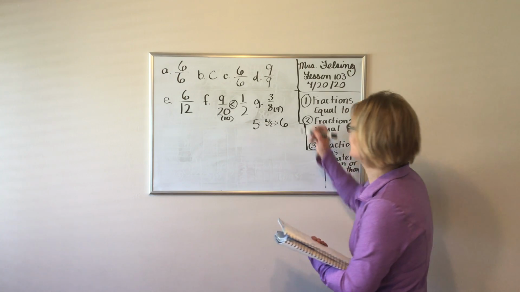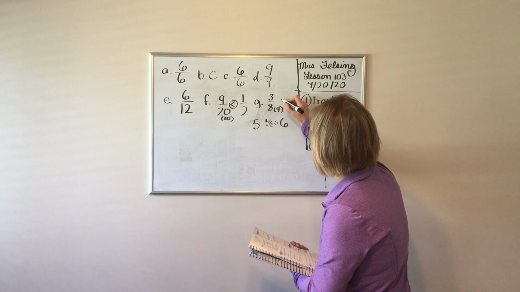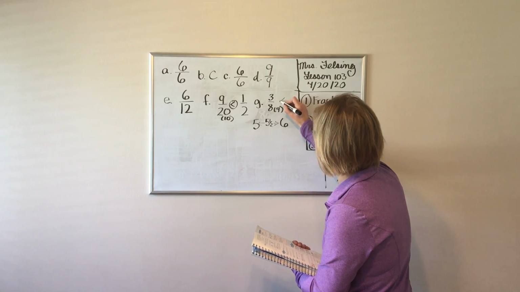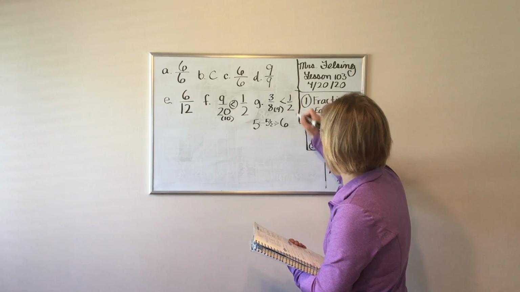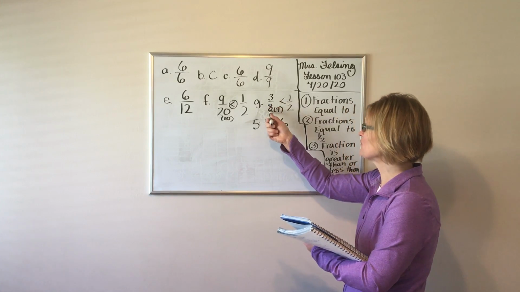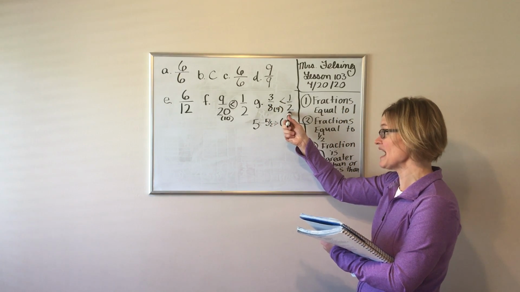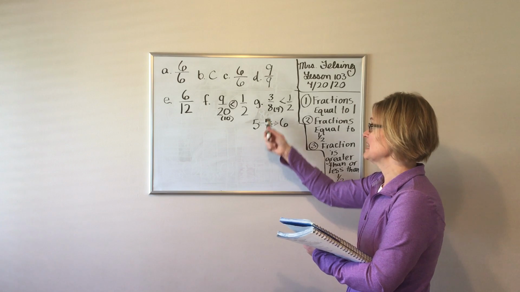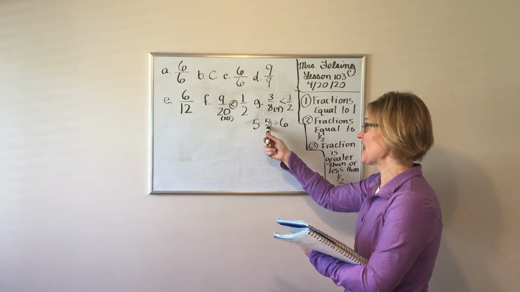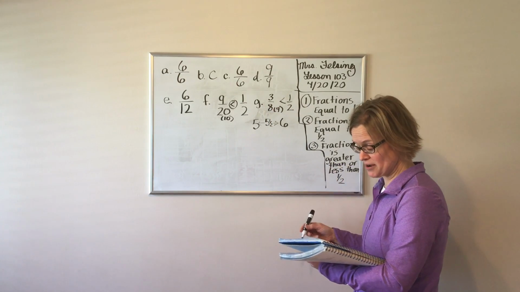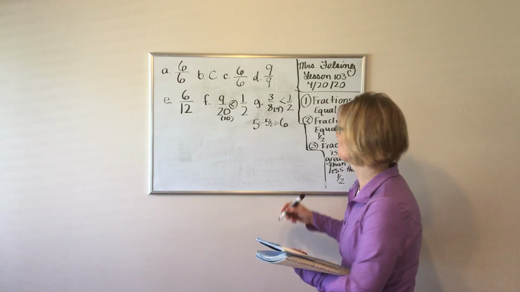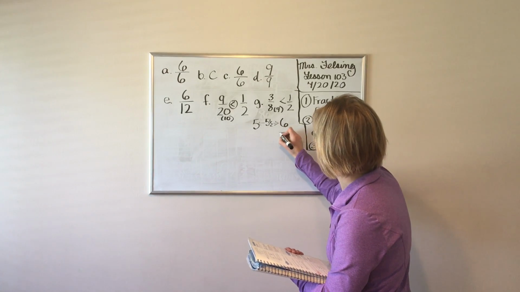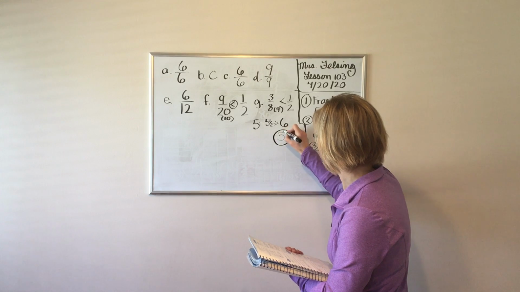And 3 is less than 4. So 3/8 would be less than 1/2. If 3/8 is less than 1/2, that means this is less than 5 1/2. So the whole number that would work would be 5.